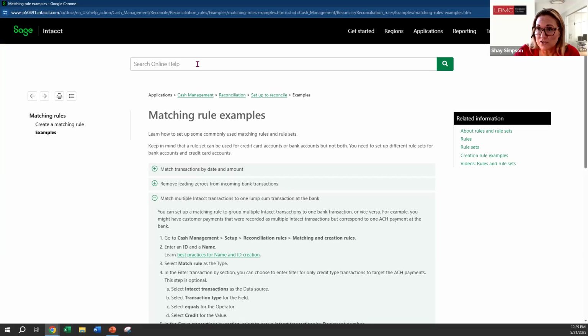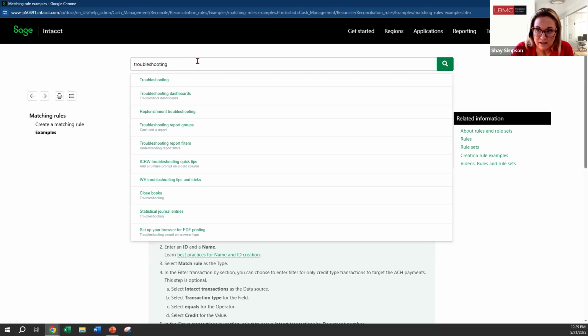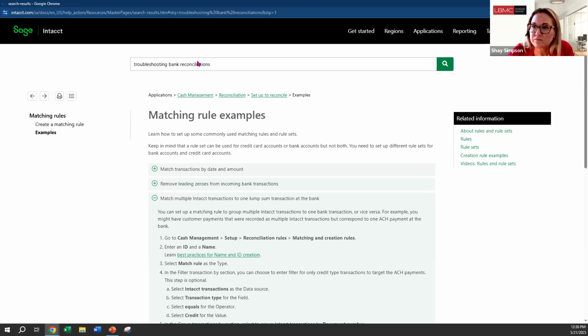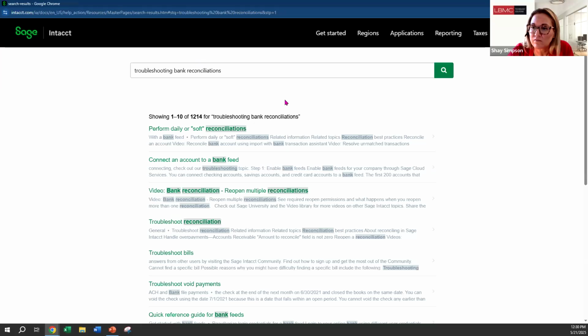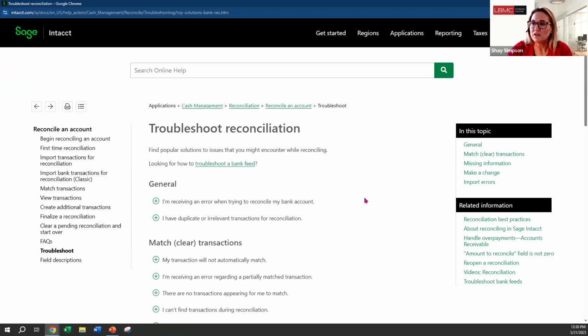There's also another one that I really, really like, and it is troubleshooting bank. Should be bank. Always have to click on this one. Troubleshoot reconciliations. This is another one that I really, really like.